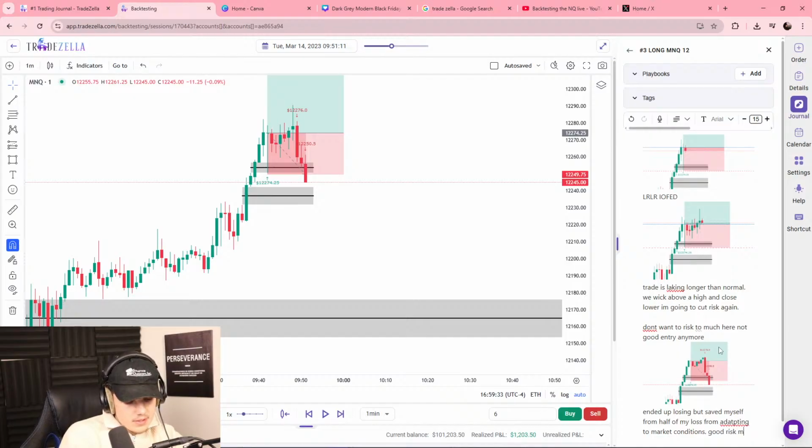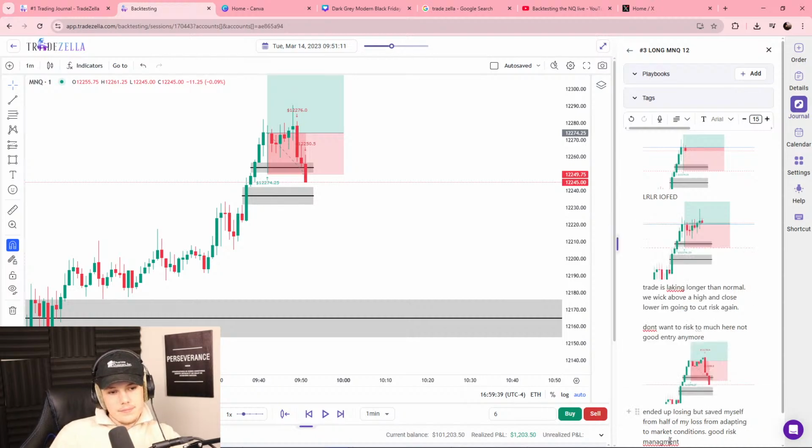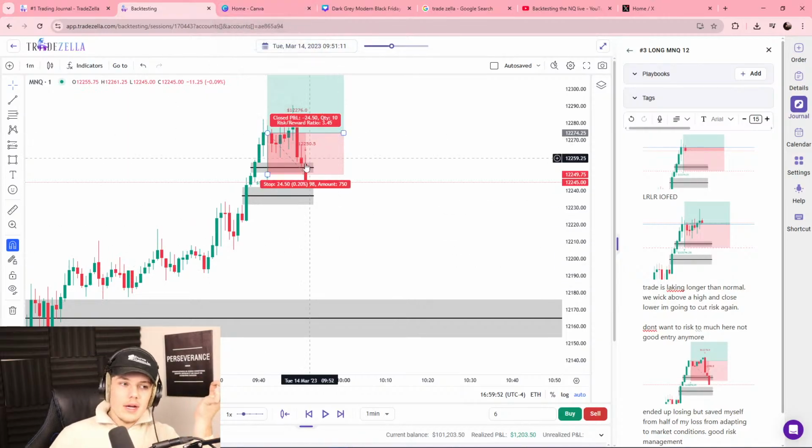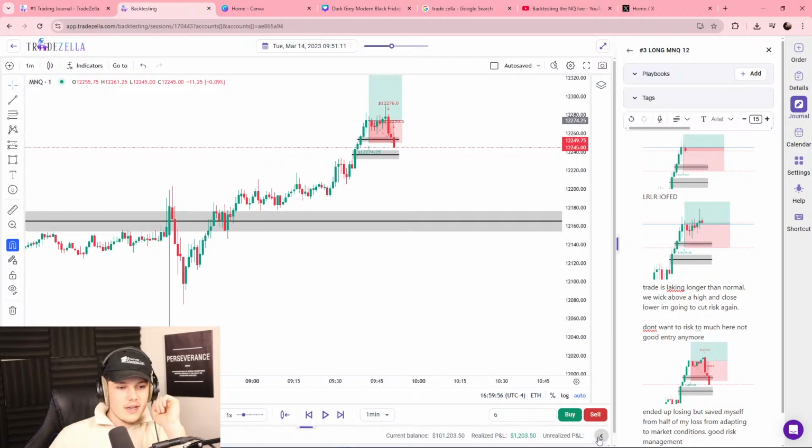Good risk management. So when in IO Fed, when price action does not rip up higher right away, it's an indication that it's not IO Fed, which means if you're longing in a premium, you're not doing IO Fed. So adapt to it. This is what happens. Took a loss, but that loss is not bad.